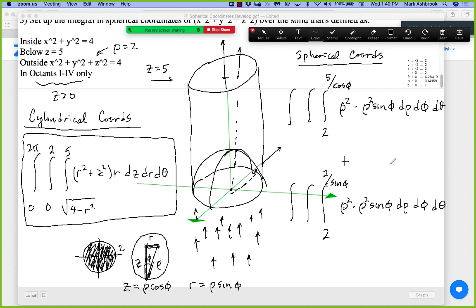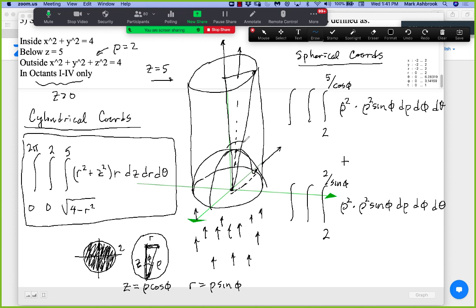All right, so now for our measurements of phi, what are we asking? We're asking for what range of phi do we exit out that top plane z equals 5? So it'd be phi equals 0 to what? 0 to this intersection, right?